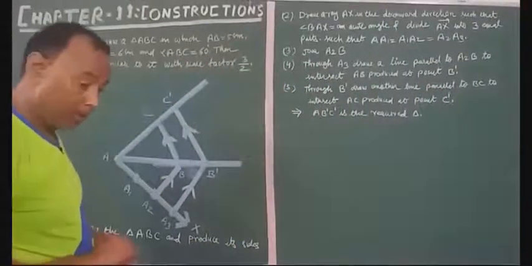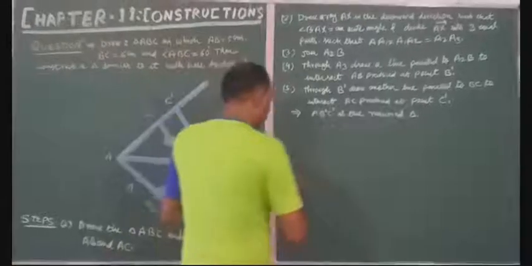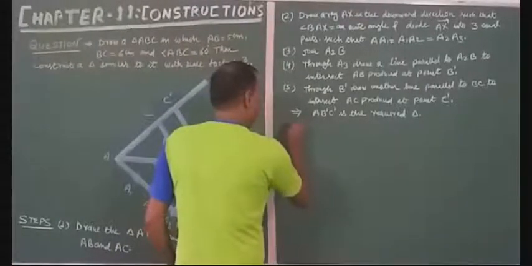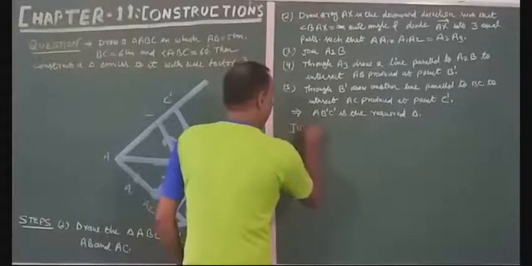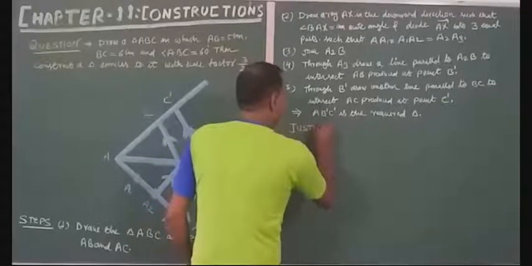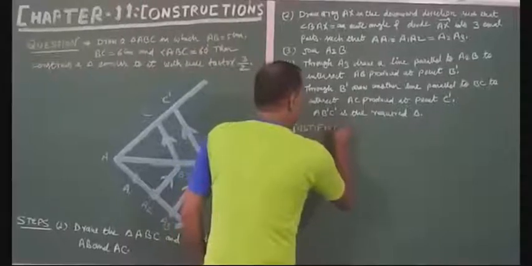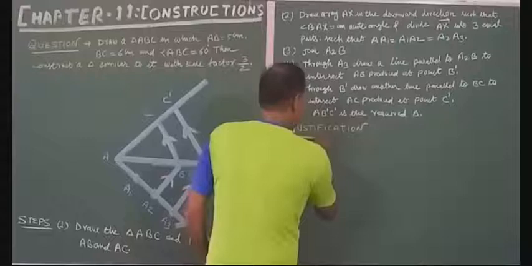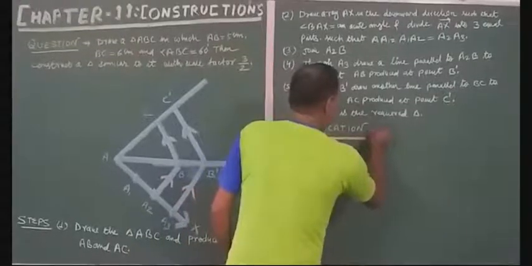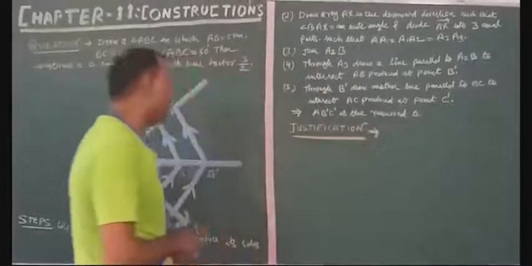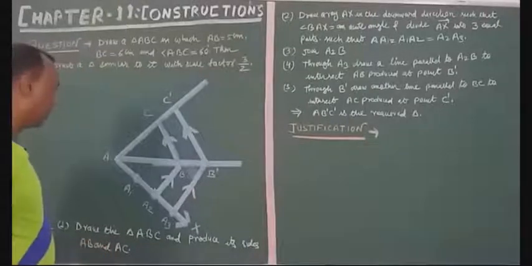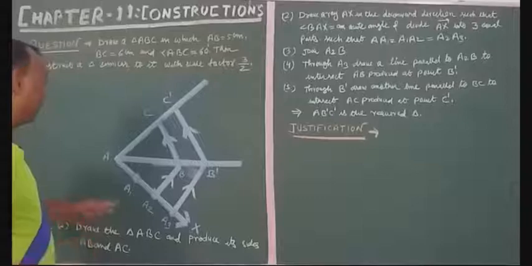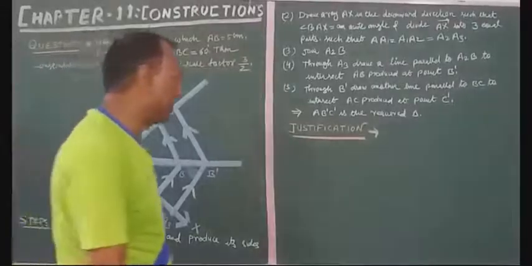Now, look at the justification. Just look at these two triangles. Triangle ABC and AB dash C dash, they are similar.